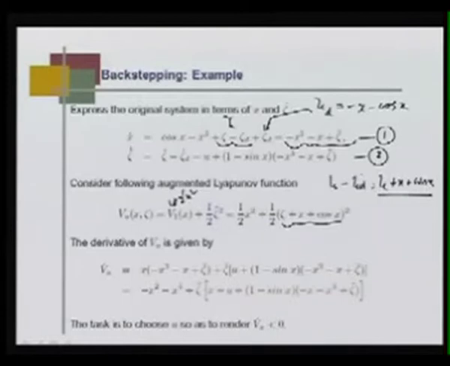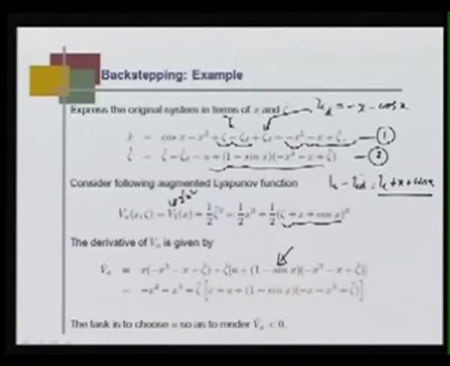If I take the derivative of this Lyapunov function, I get x x dot, where x dot is minus x cube minus x minus xi tilde, plus xi tilde into xi tilde dot. If I insert this quantity here, I get minus x square minus x to the power 4.